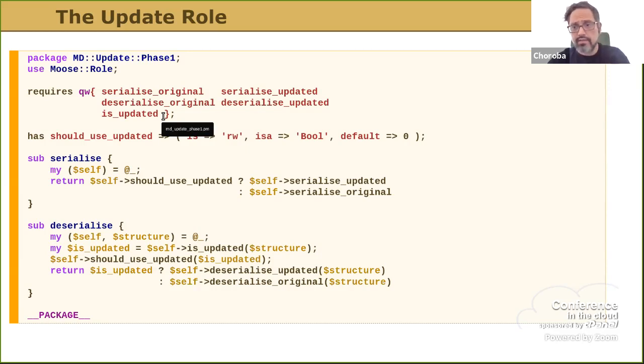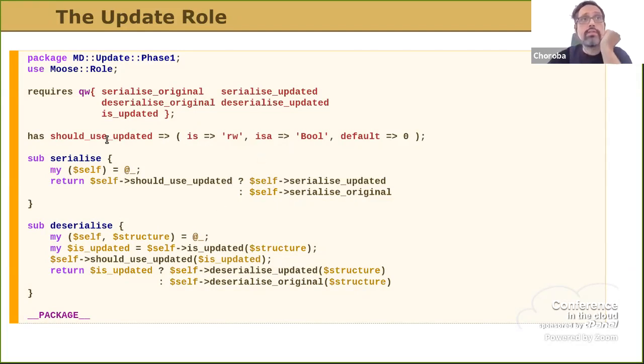It's a method that tells the object whether the structure retrieved from the database is using the old or the new schema. The easiest way to implement it is to just use versions, but we originally used something else. It's not so important. And we have this should_use_updated, which defaults to 0, which means if we serialize the object, if we didn't update it, the default is used. So we use the original serialization.